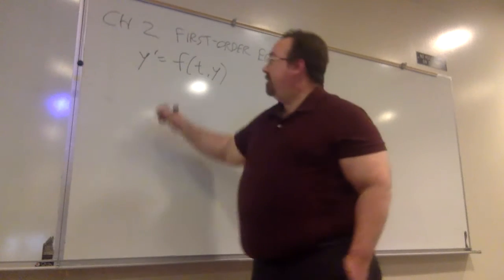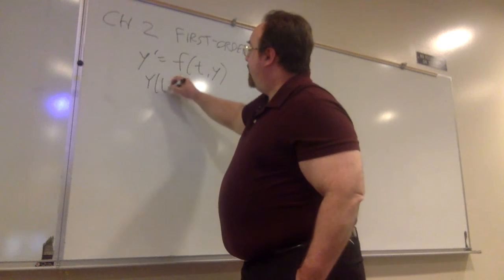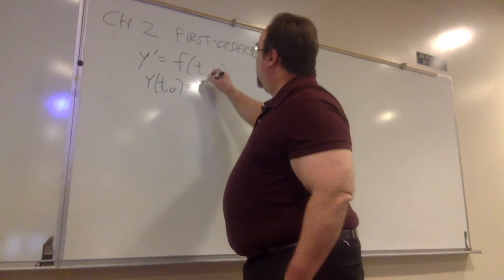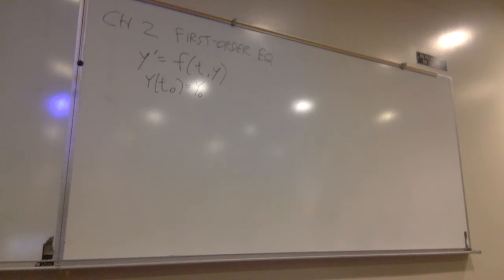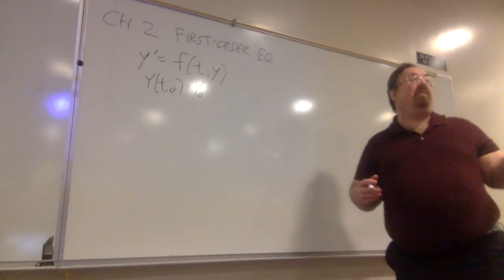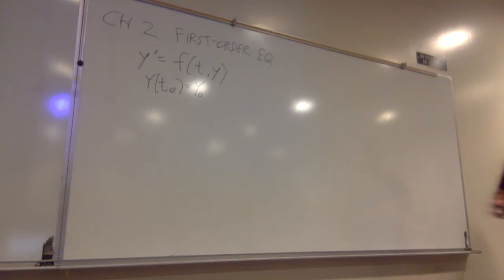And then there will generally be some sort of initial condition attached to it. And as mentioned, in most cases, depending on the function f, it can be shown that this problem is guaranteed to have a unique solution at every initial point.